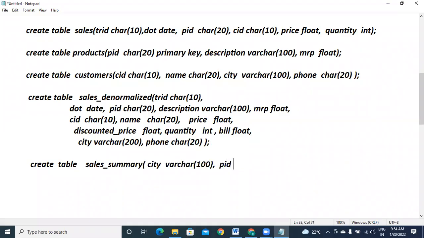Product ID, varchar of 20. Total underscore sales, which is float or double. Better go for double. So these are the 5 tables to be available in every database. The pipeline, okay. Data input sources.